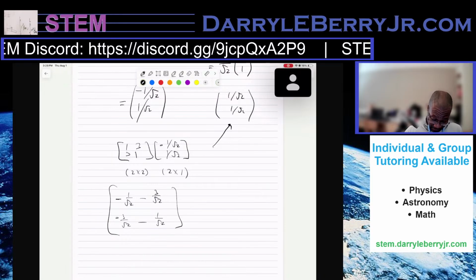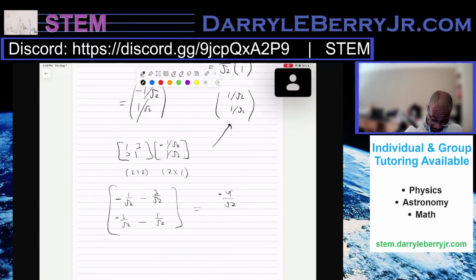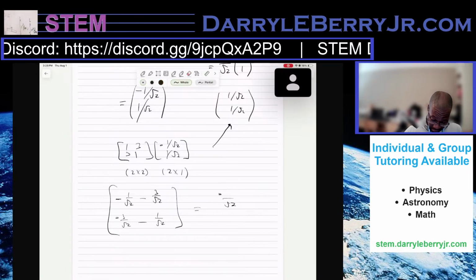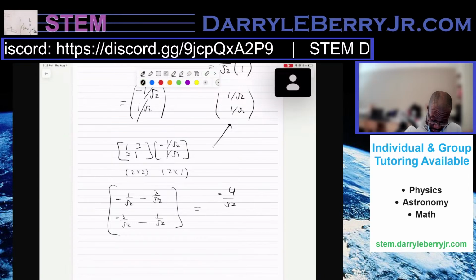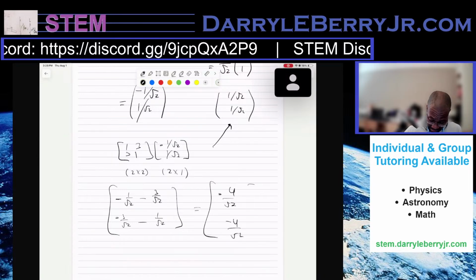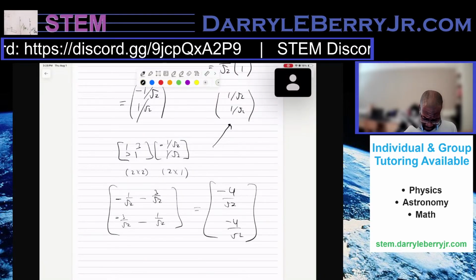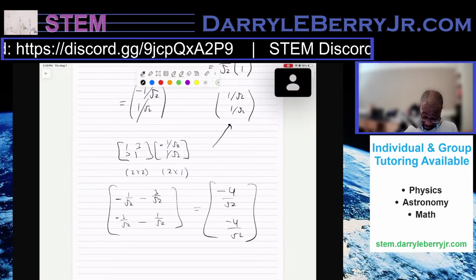I think I did that right. So this will be -4 over square root of 2 and -4 over square root of 2. So I'm not really sure what that means. I don't think we've ever had to multiply by the matrix itself, but that's what it does though.